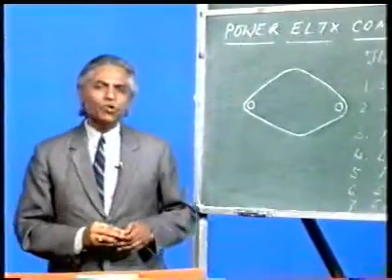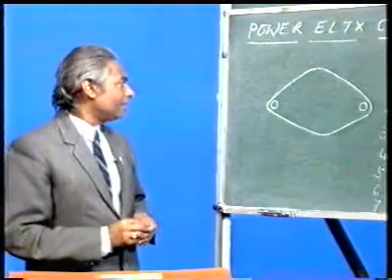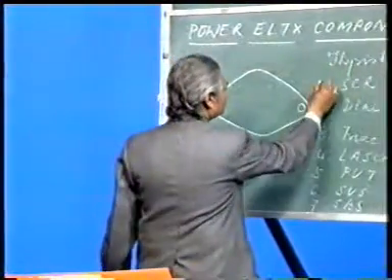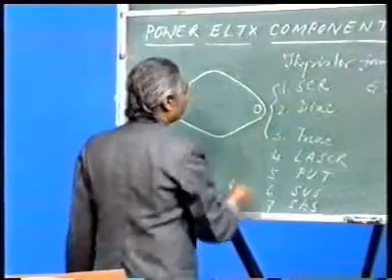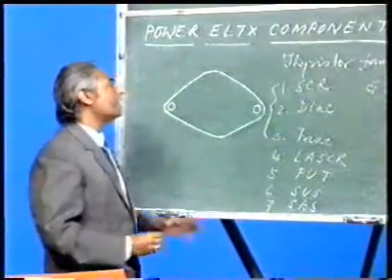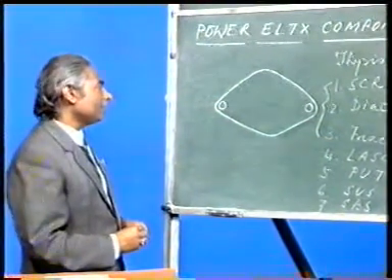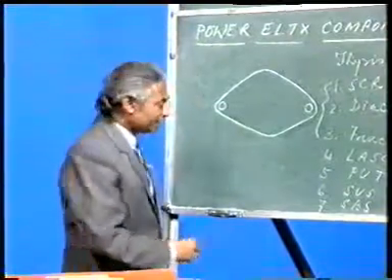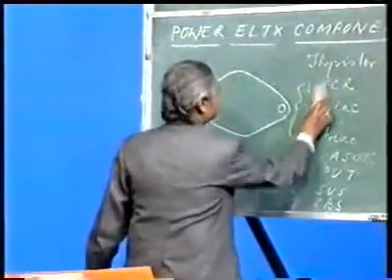Now before we go in detail, I would like to tell you that out of these, the first three form a very important class of thyristors, and we are going to discuss these three in this program. Now let us see what an SCR is.